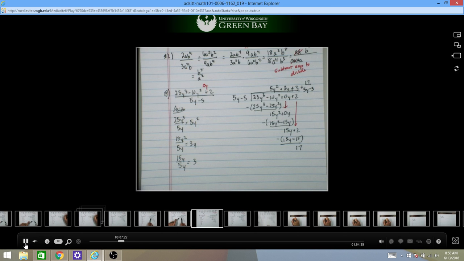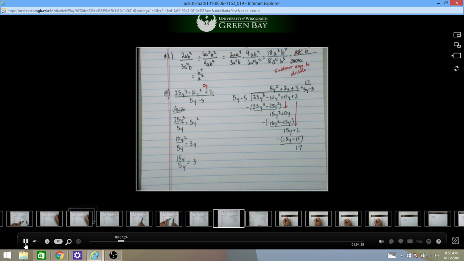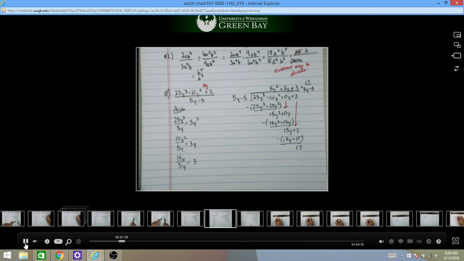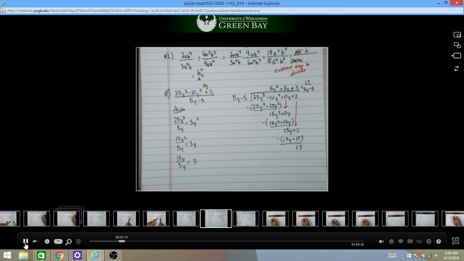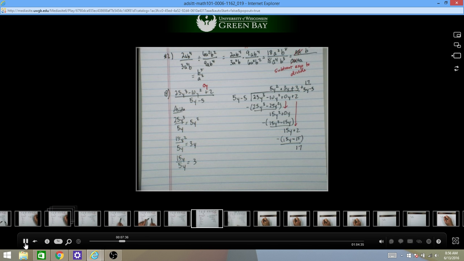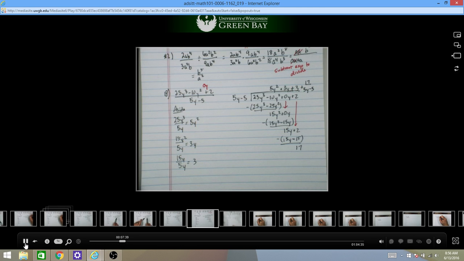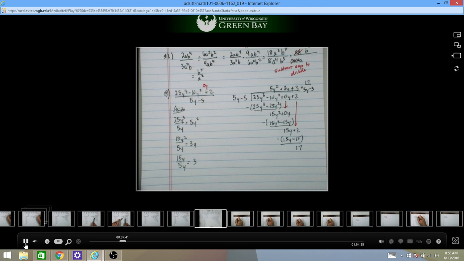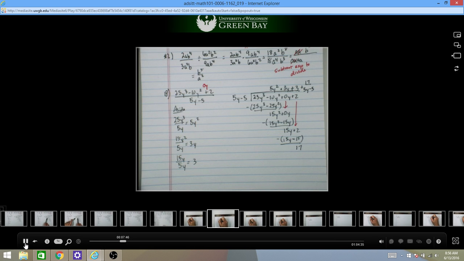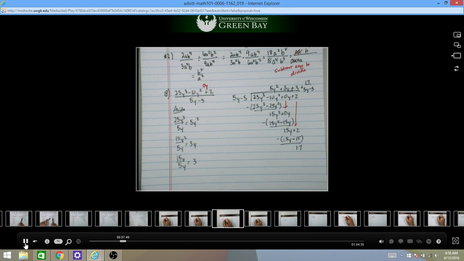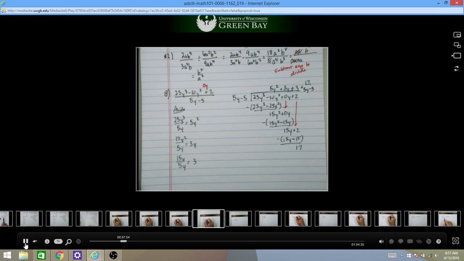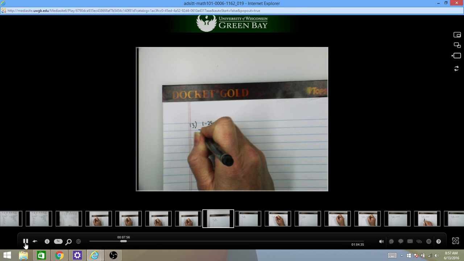Let's see. I also got sent number 13. So this looks a lot like the one we just did, but it doesn't say to use long division.